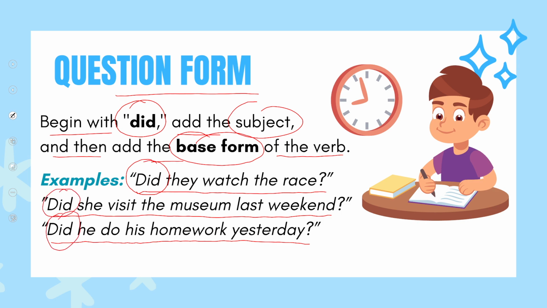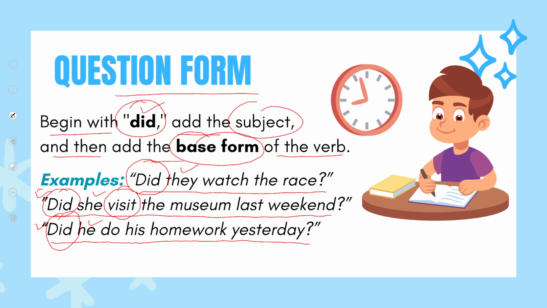and then we add our subject, and then we add the base form of the verb, which is the simple form of the verb. You will not change it into past form or past participle form because we have already used did, which is already a past form of do.